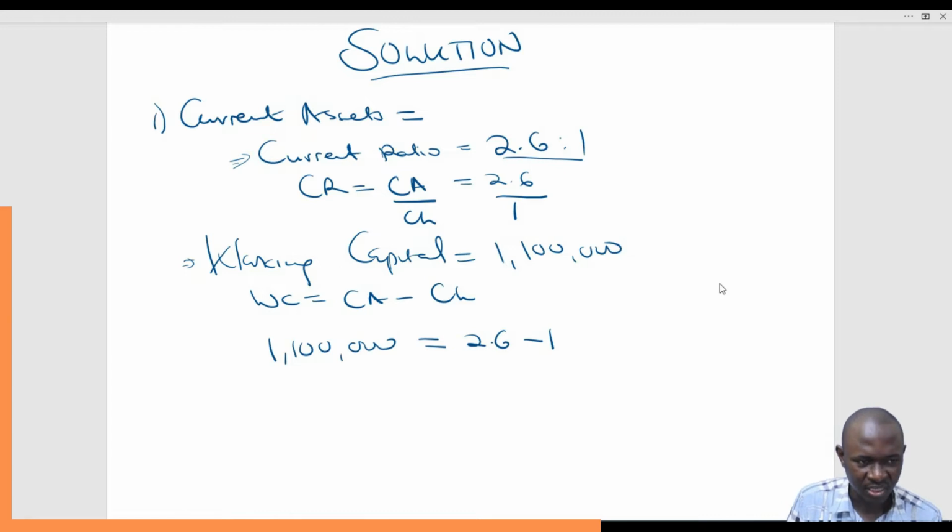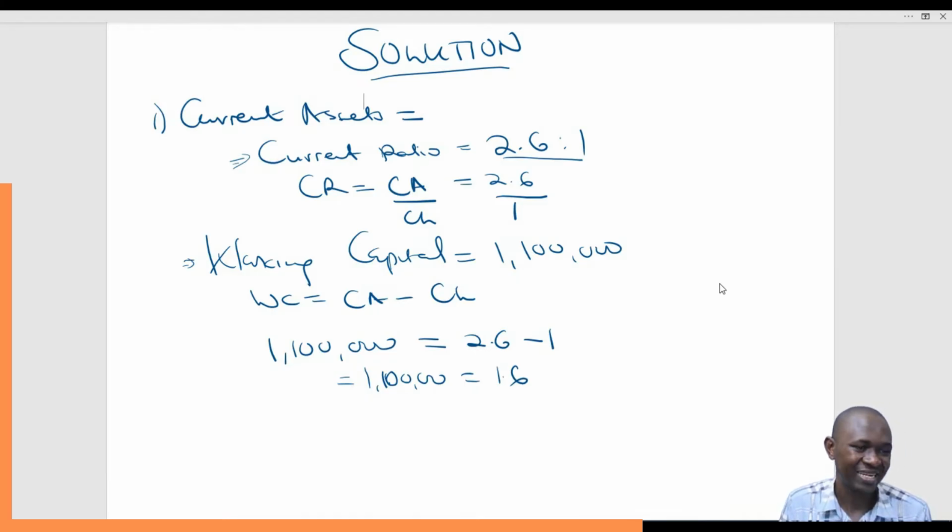So what this means is that 1.1 is equal to 1.6. Now the question is, what is current assets? We already know current assets is represented by 2.6. So they're asking us to find this unknown, because if 1.6 is 1.1, what is 2.6? The 2.6 will be our current assets.